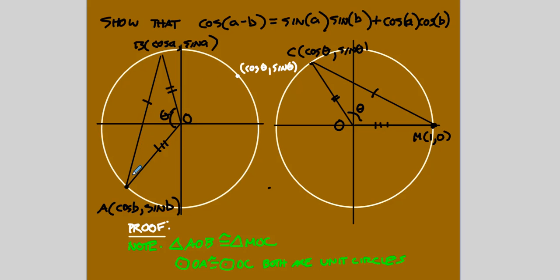Now for this triangle AOB, I'm going to call this angle B right here, and then this point I'm going to call big B. Actually that should be angle A. Okay, and I'm calling this point B for some big B, it doesn't really matter, but that's going to have coordinates cosine A, sine A. Then this will be angle B here.